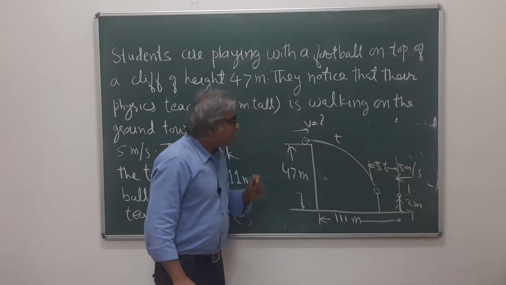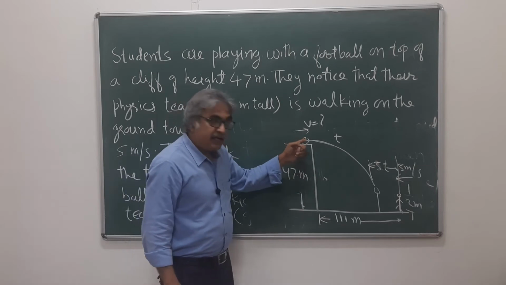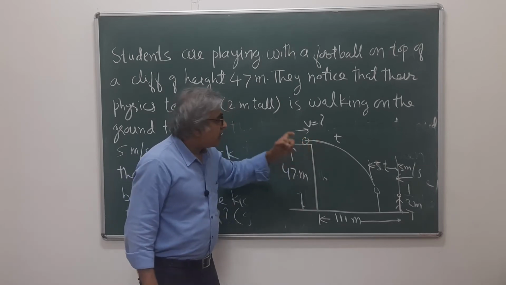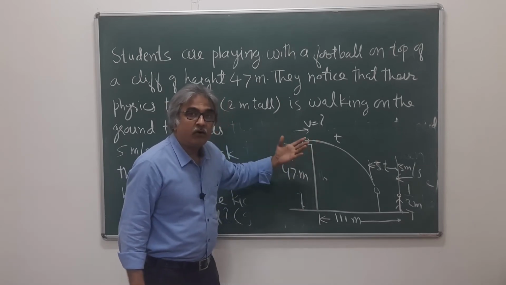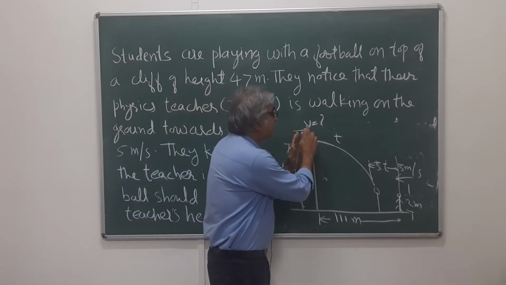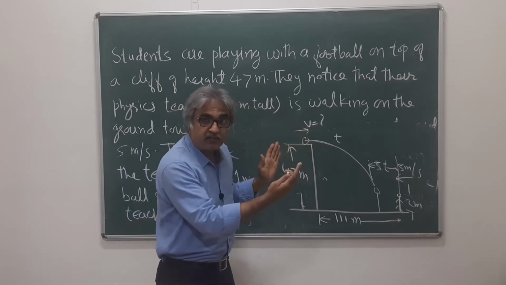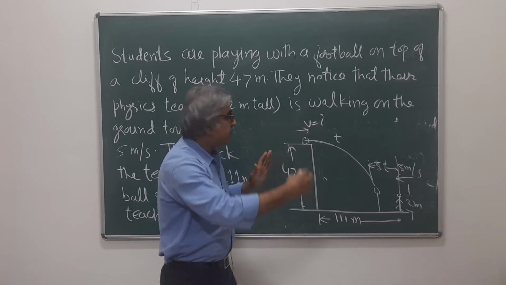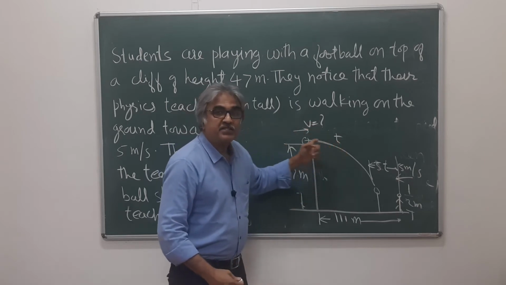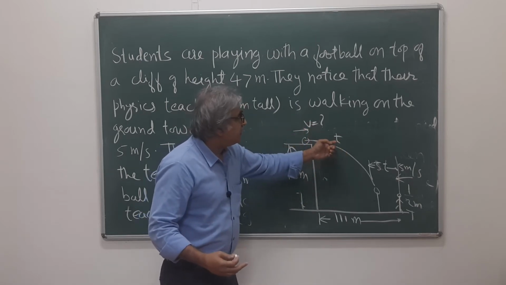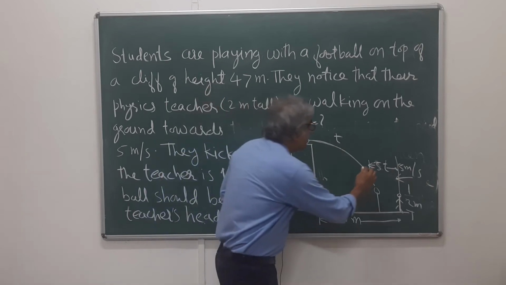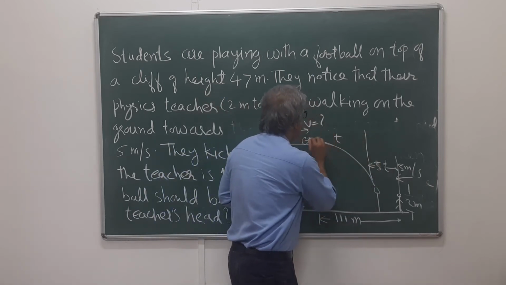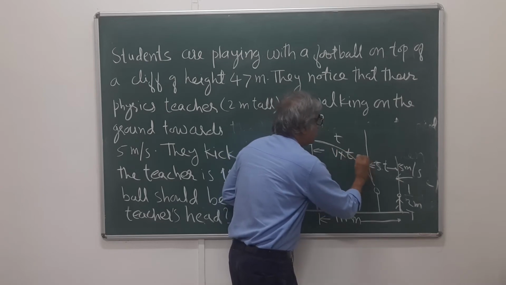Now, if the ball is moving horizontally, how much distance will the ball travel in the horizontal direction? That is the horizontal displacement of the ball. It is v into t, because v and t are both unknown. So let's say this horizontal distance is v t.